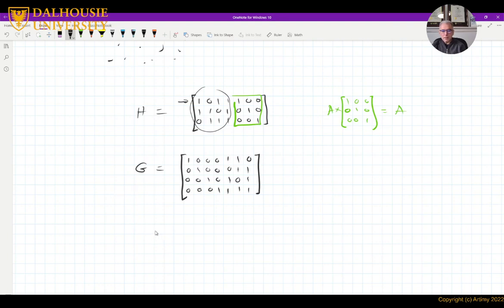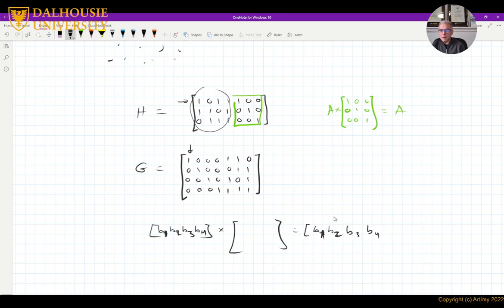So if I take B4, B3, B2, B1 and multiply it with this matrix, I will get, first of all, because there is an identity matrix here, B4, B3, maybe I should flip, maybe I should call them B2, B1, right?